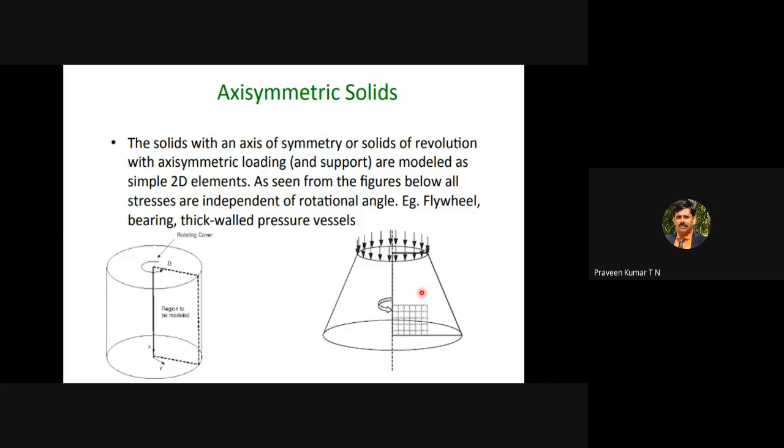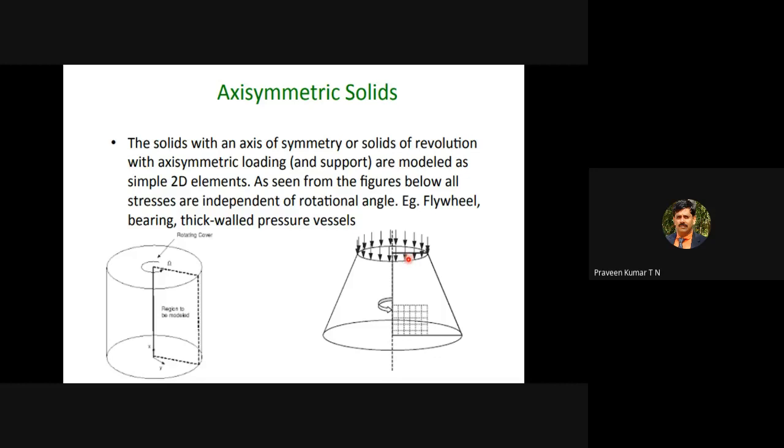One is the geometry should be symmetric about the z-axis or some x-axis or y-axis. The second one is the loading should also be symmetric. If you consider this conical object, if load is acting on only one side, the left side of the axis, then you cannot analyze this as an axisymmetric problem because the loading is not symmetric.